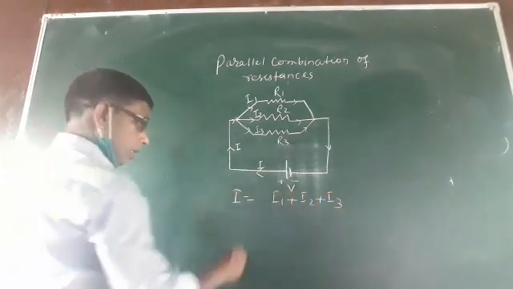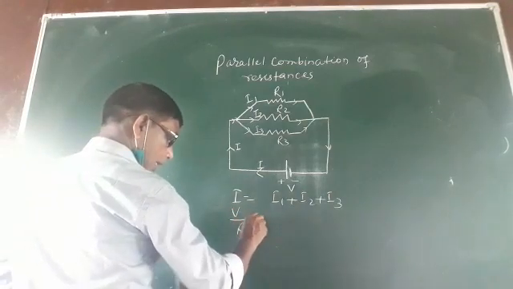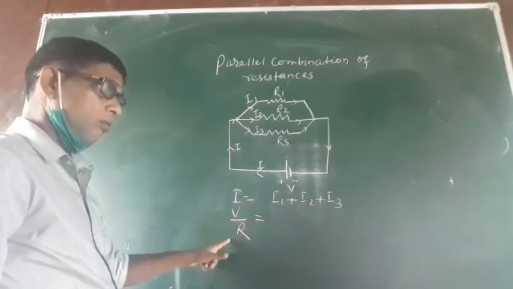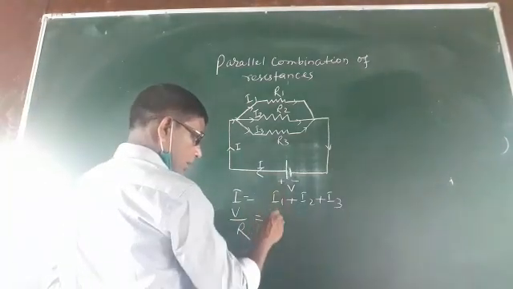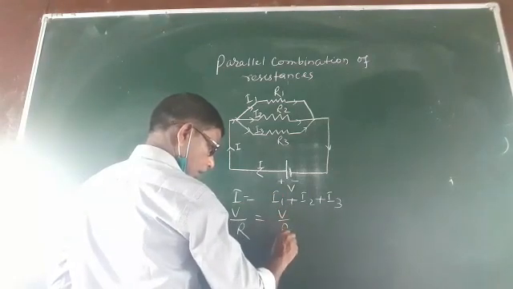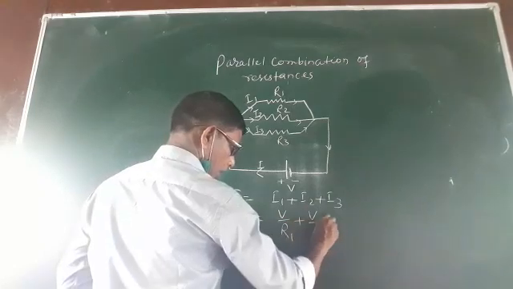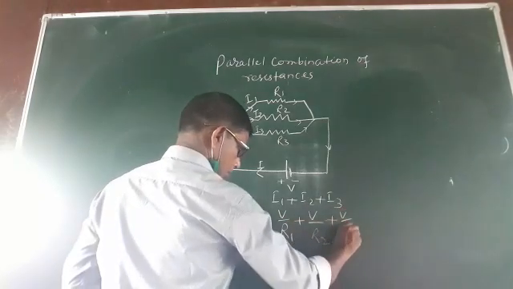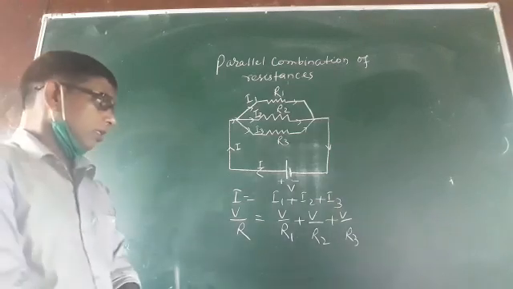You know I equals V by R from Ohm's law. So I equals V by R1 plus V by R2 plus V by R3, where V remains the same.